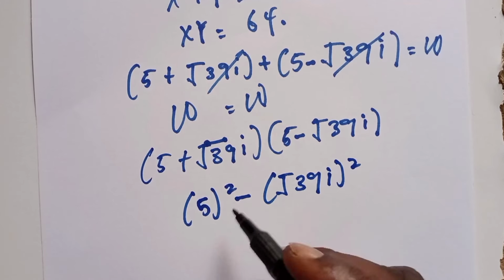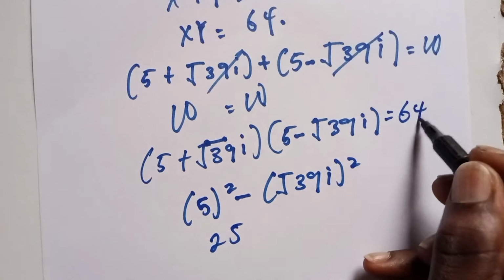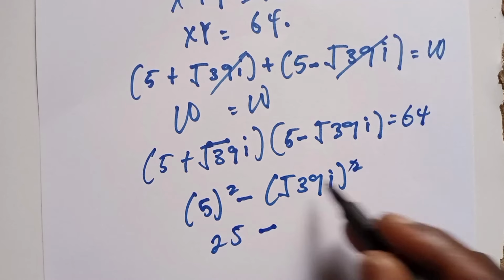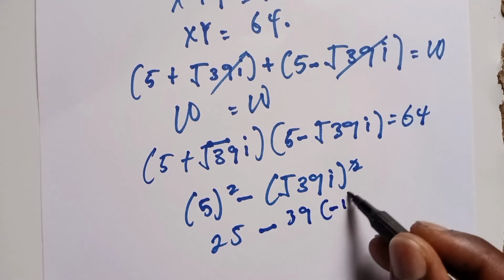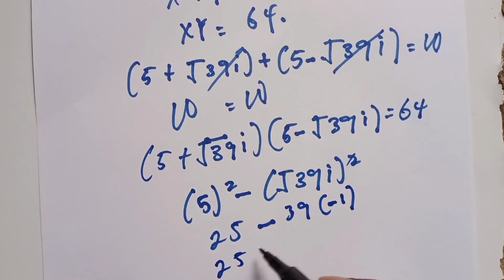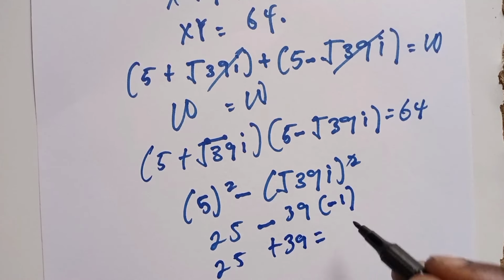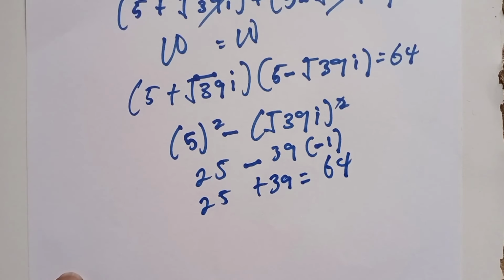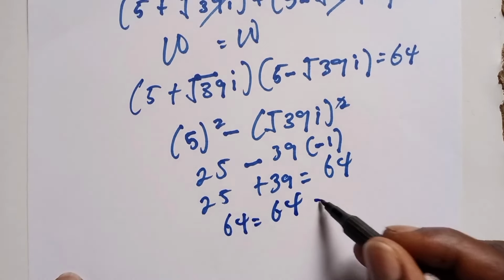So here 5 squared is 25, and then the square cancels the root, we have 39, and then i squared gives us minus 1. So here we have 25, minus times minus is plus 39, which is equal to 64. So from here, 64 is equal to 64, which proves our equation.